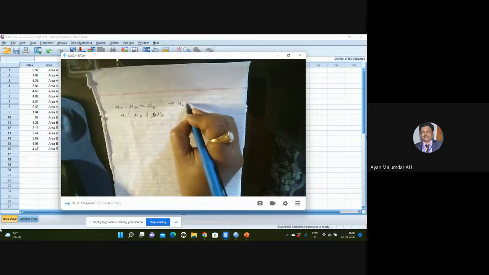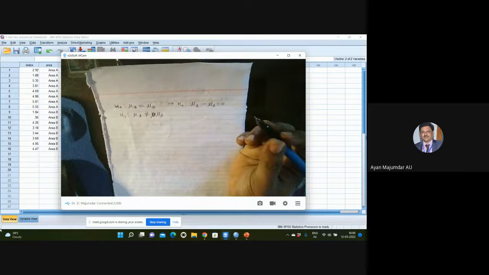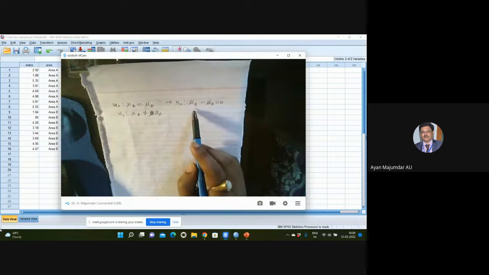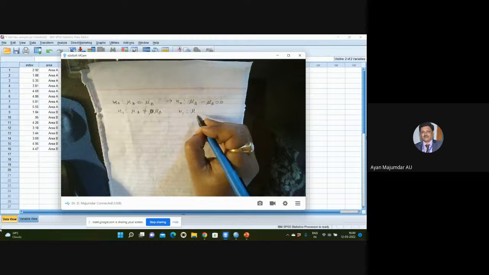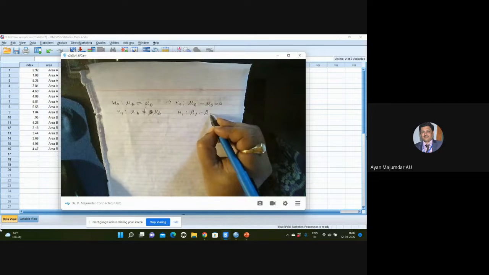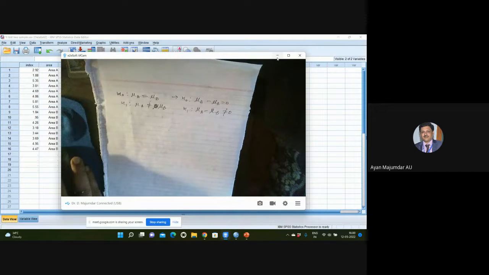The alternative hypothesis is mu A not equal to mu B. Some people write it this way, H0 such that mu A minus mu B is 0. Basically the same thing. There is no difference. No difference means both are equal. In that case, the alternative hypothesis will be mu A minus mu B not equal to 0. And we are going to test it at 5% level of significance.